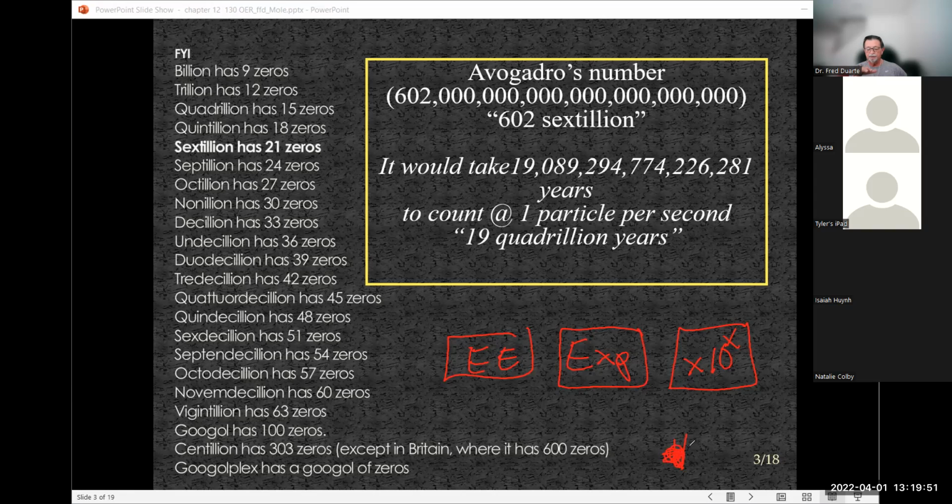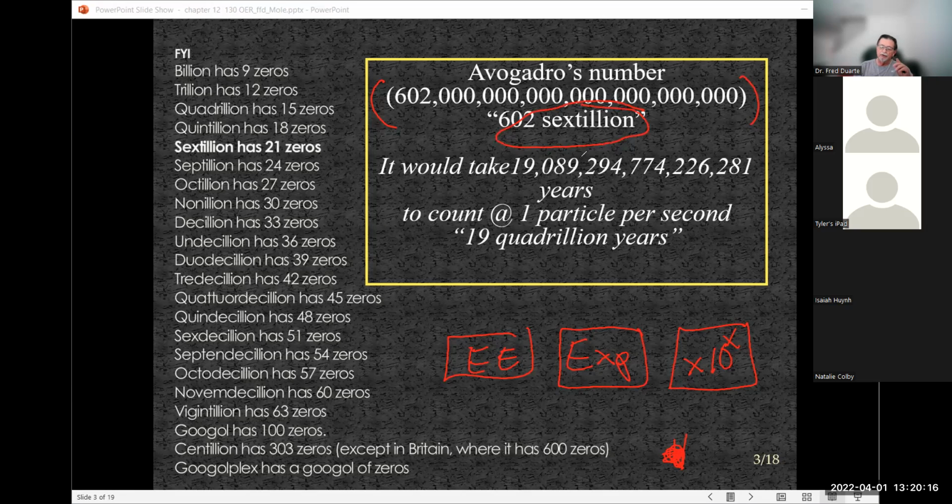So refresh your memory how to use scientific notation, because you're going to be doing scientific notation on these big numbers. So if you take Avogadro's number and you put it in longhand, this equates to 602.6 trillion.